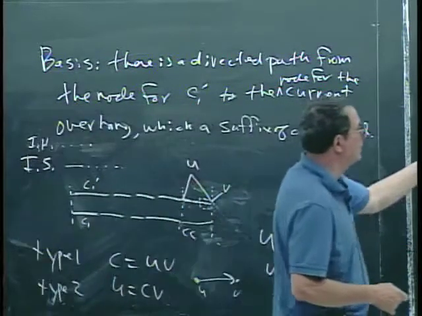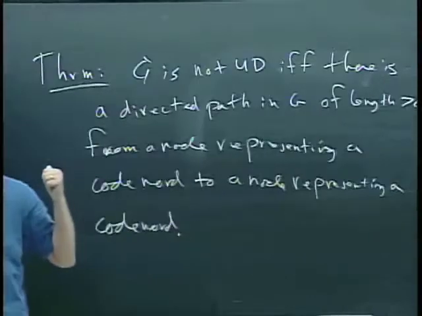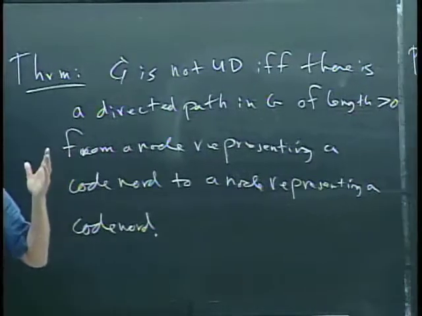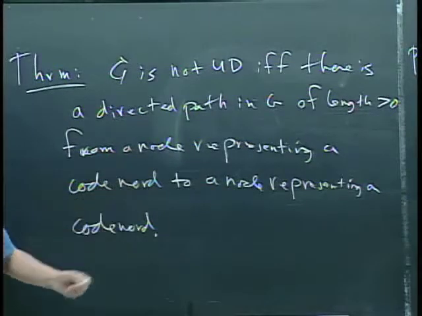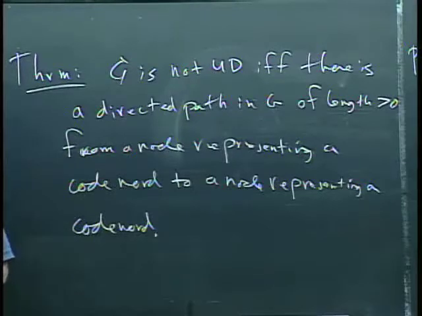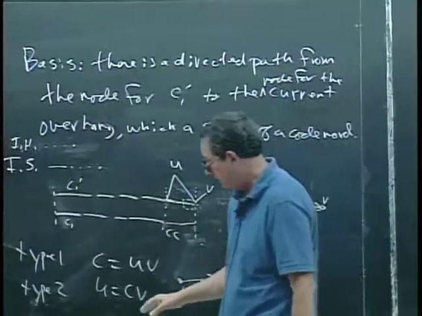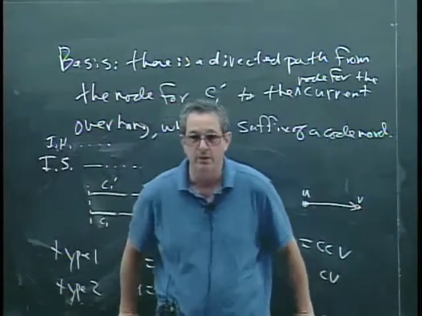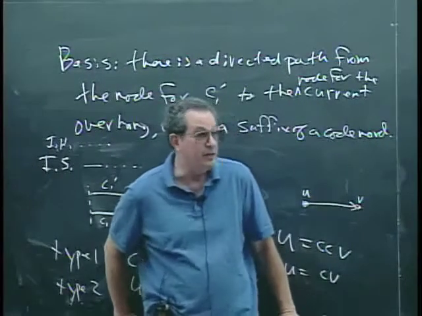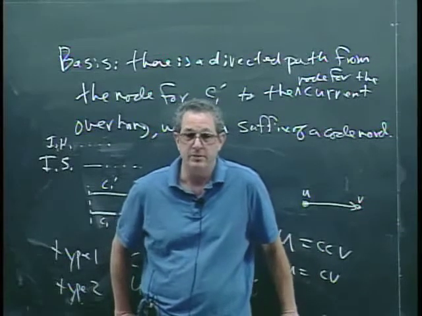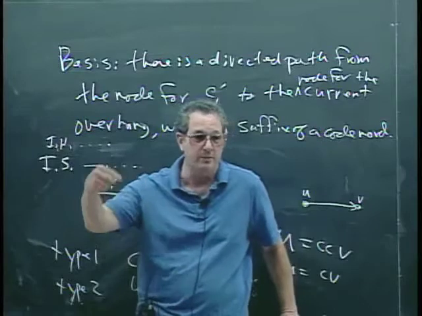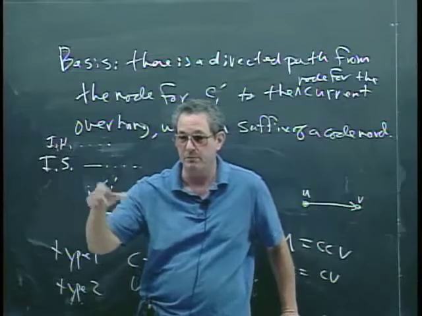Your homework asks you to prove it in the other direction. And really the proof is very similar. You just have to keep your wits about you and see what's happening in this construction and argue that if there is a path from a node that represents a code word to another node that represents a code word, might be the same node, then you can construct a message that has two different parses. So as you walk through that path, you'll want to build up two parses.